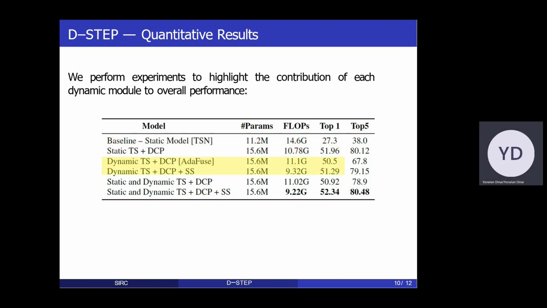Then, compared with Adafuse, which uses temporal and channel redundancy, by adding our spatial gating module, we achieve a better accuracy versus flops trade-off. Finally, we find that the best trade-off is achieved when combining all modules of our network, including static temporal shift for temporal modeling, and all policy networks to make use of spatial, temporal, and channel redundancy.